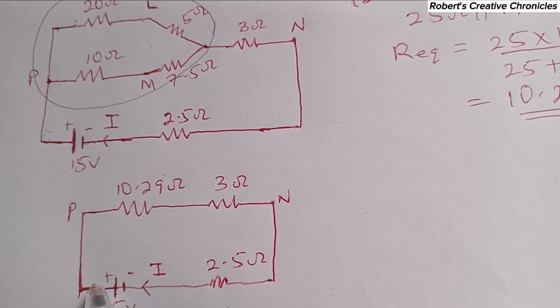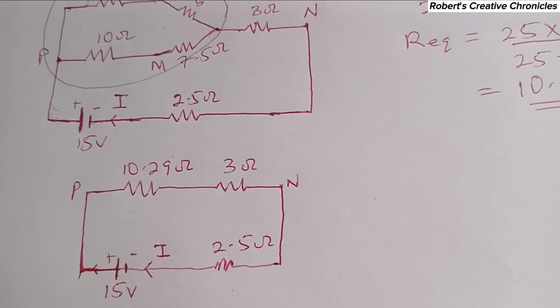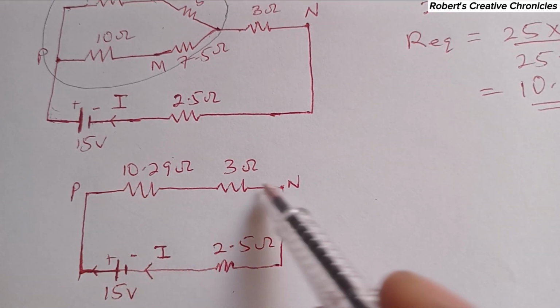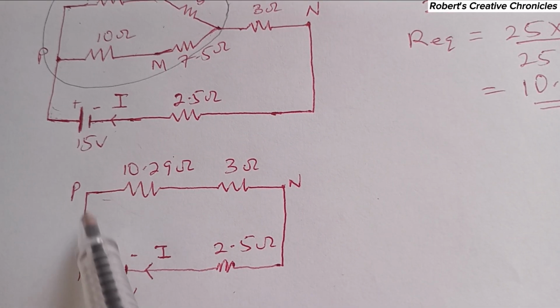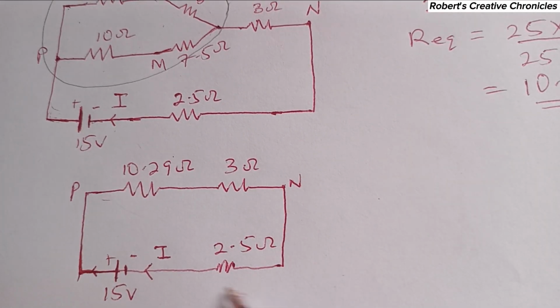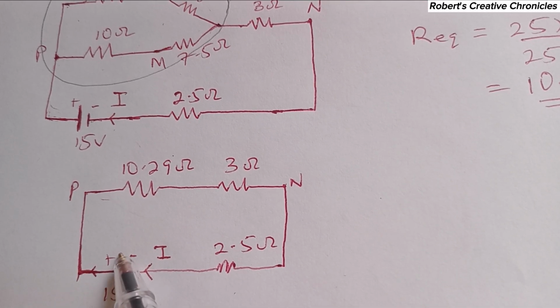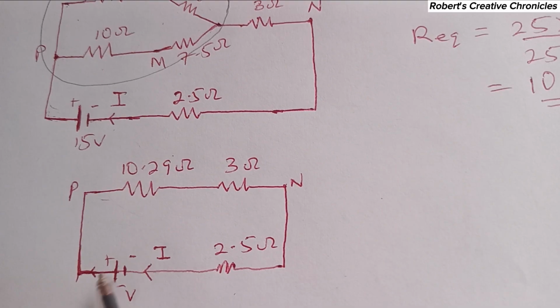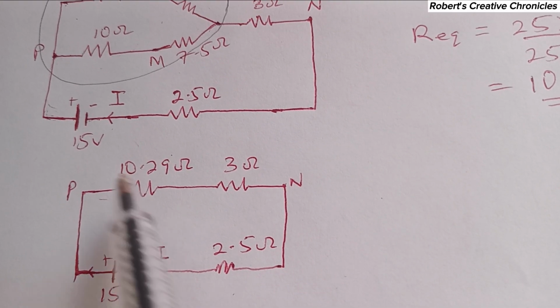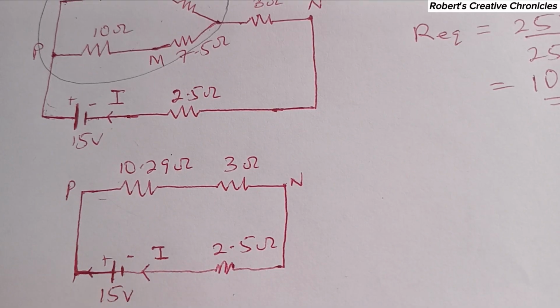Now there's a current that will flow from here in this circuit. The same amount of current will enter all these resistors and will come back to the negative terminal, because current flows from the positive terminal and comes back to the negative terminal. So now we can add all these resistors because all of them are in series.